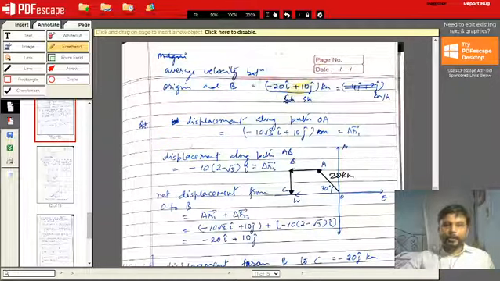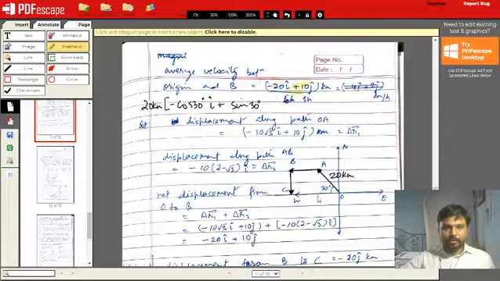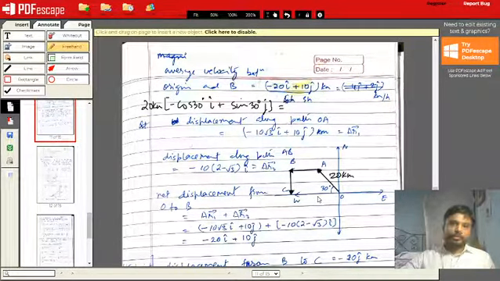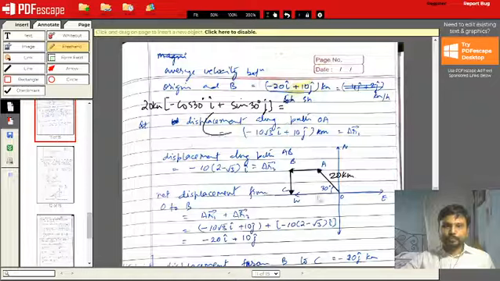So the vector OA would be simply 20 kilometers times the direction in which it is traveling, which is minus cos 30° i cap, since we are traveling along the negative x-axis, plus sin 30° j cap. So this would come out to be minus 10√3 i cap plus 10 j cap. So this is the displacement in the first phase of motion.